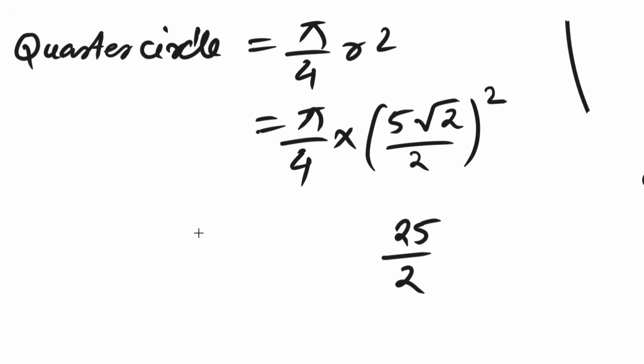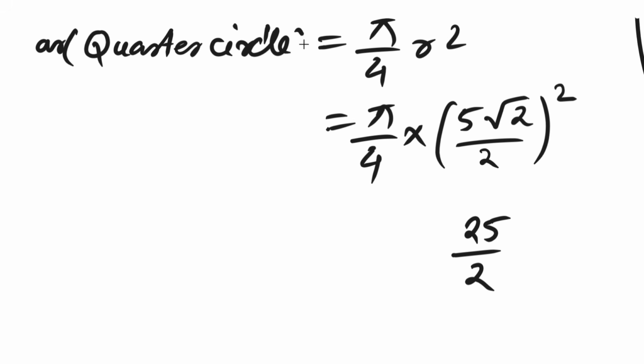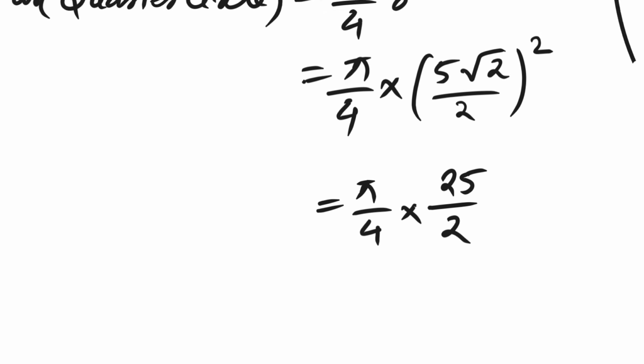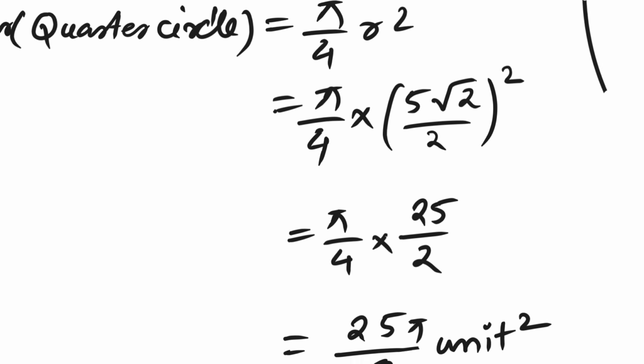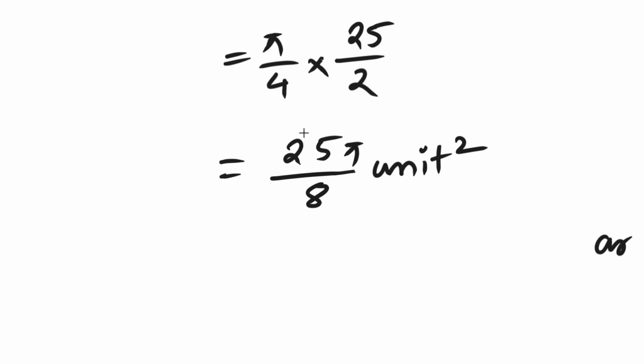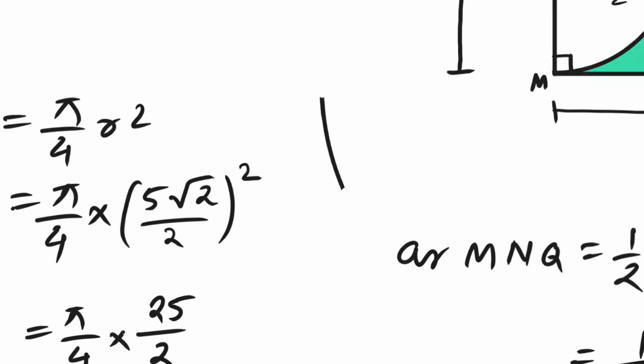Therefore, the quarter circle area becomes pi divided by 4, multiplied by 25 divided by 2. Multiplying these fractions gives us 25 pi divided by 8. So the area of the smaller quarter circle is 25 pi divided by 8 square units.